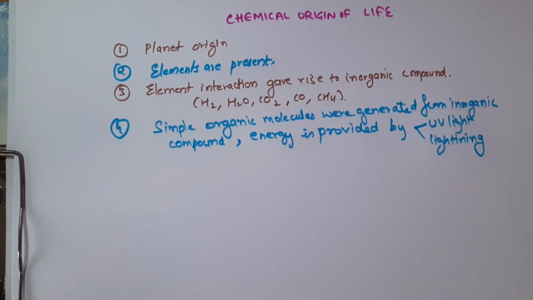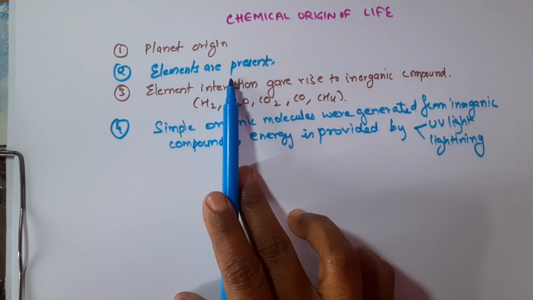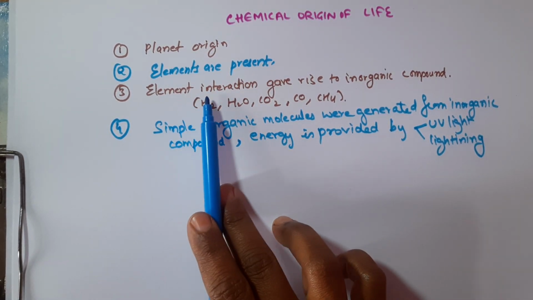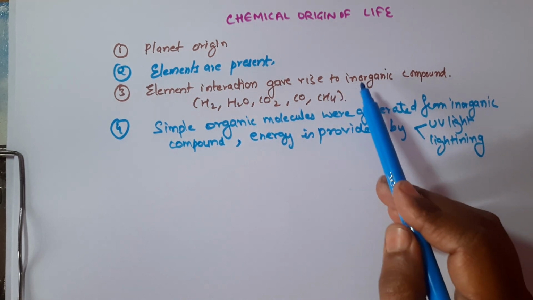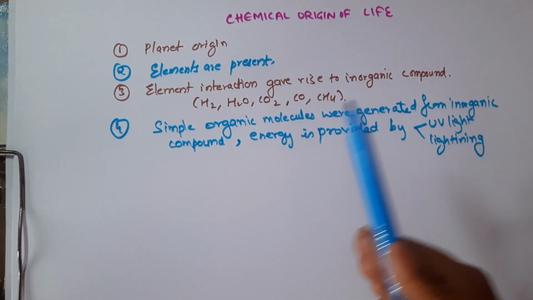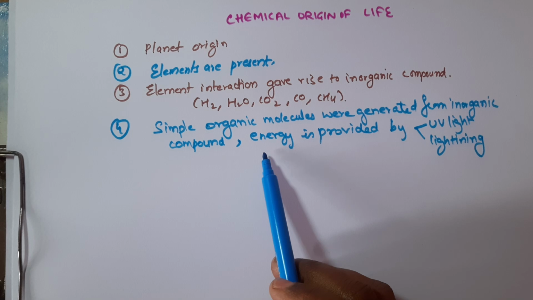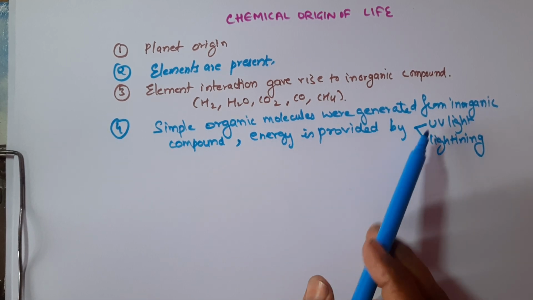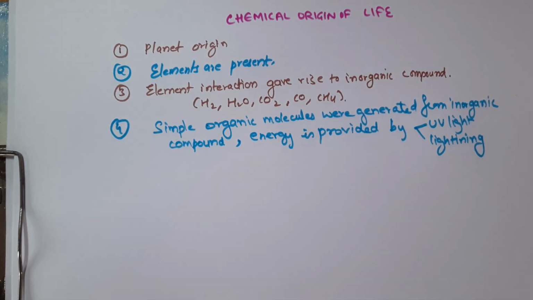So what happened? First of all, the elements are present on the planet, then the elements interact with each other and give rise to inorganic compounds. These inorganic compounds then further interact due to the energy provided by the UV light and lightning, and they give rise to the simple organic molecules.